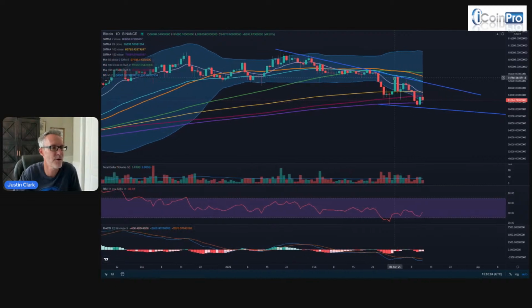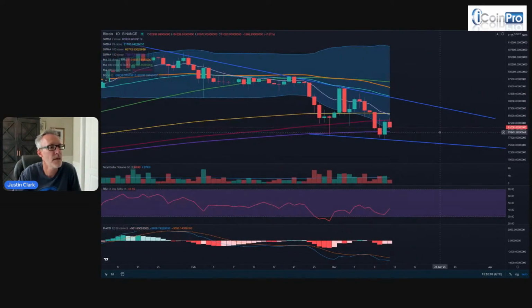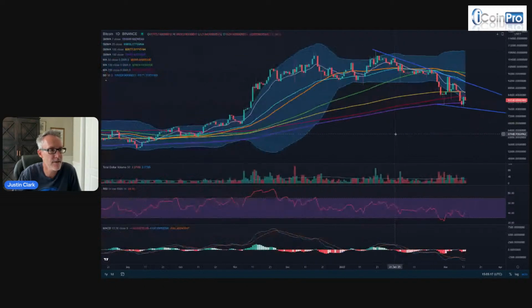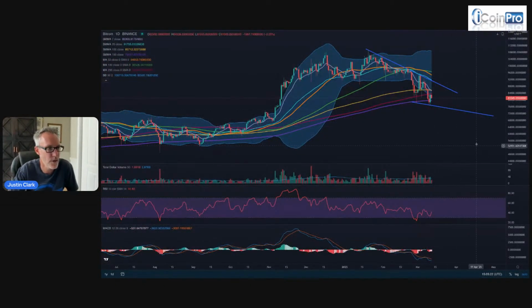But here's where we are for the short term. It's very key for us to stay above 79,80,000. That's the last line of defense here. If we lose that, the market will have to search for the next major support.